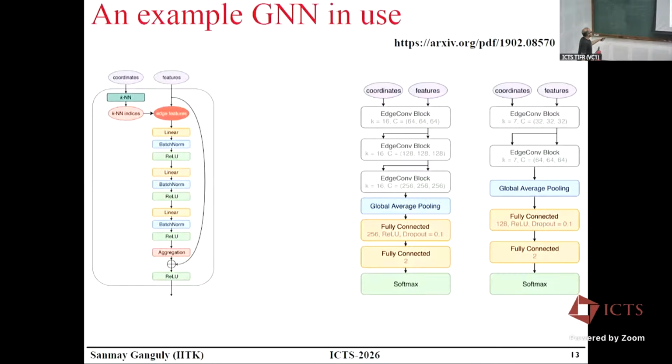So all of that information is used, and in the second part, this data has been taken and used as a coordinate. Let's try to appreciate that the coordinate used here is the output from the first block. So the coordinate representation has evolved.